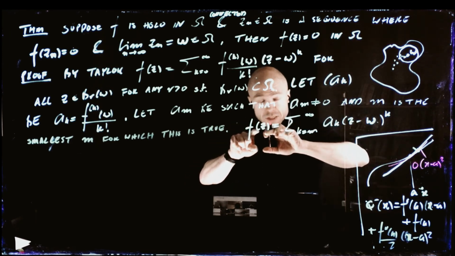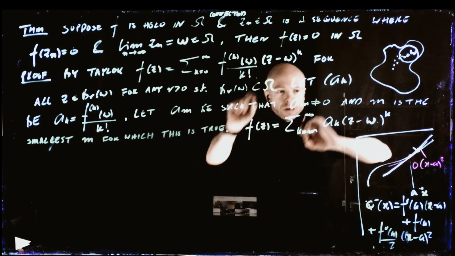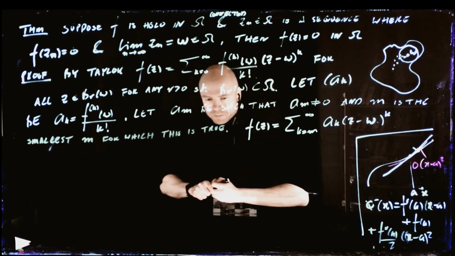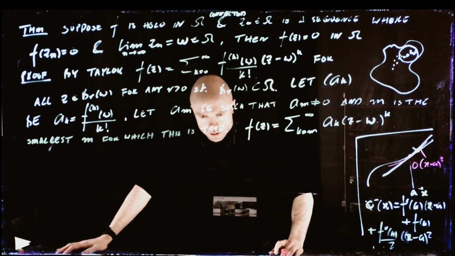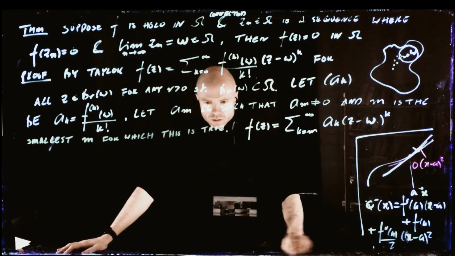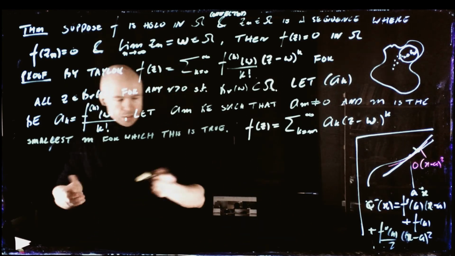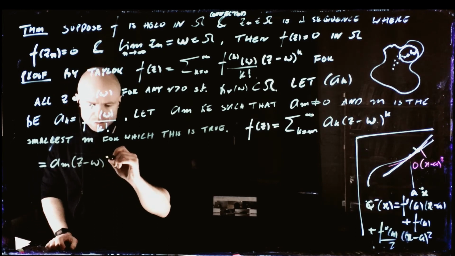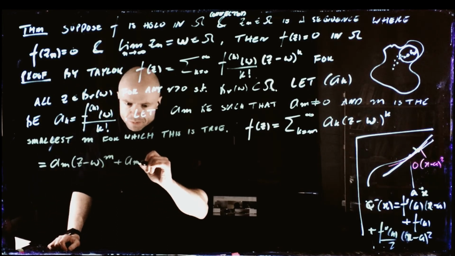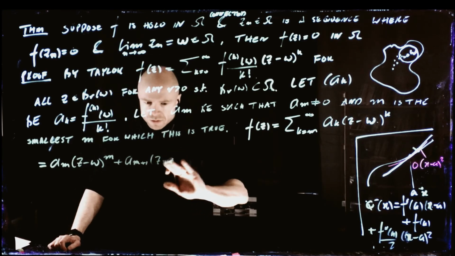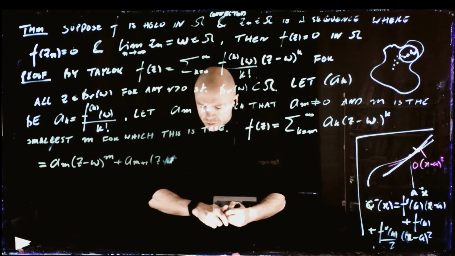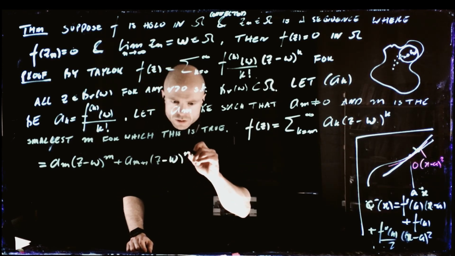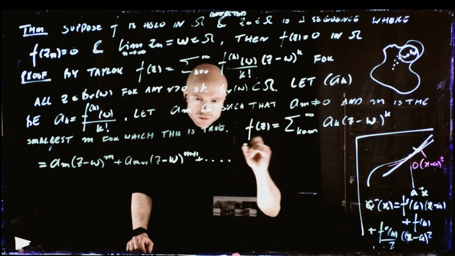So how is f of z going to 0 as z approaches w? Let's write out the first few terms: a_m (z minus w)^m plus a_(m+1) (z minus w)^(m+1), and so on, right?